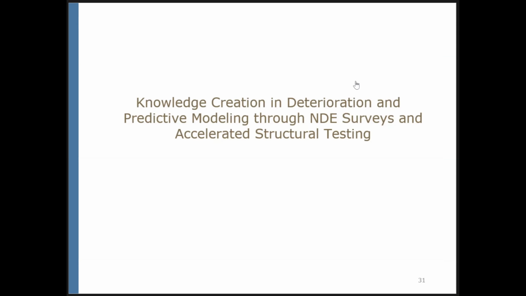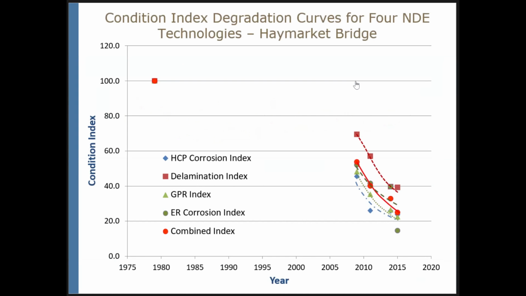So let's go now to the last part of my presentation, which is related to deterioration and predictive modeling based on NDE surveys and accelerated structural testing. If we go back to the data from Haymarket Bridge, we have already presented those, but in that graph, all the points were covering the period when we conducted surveys.